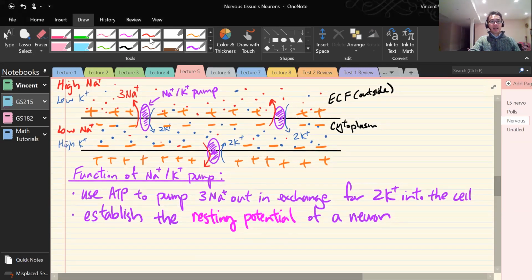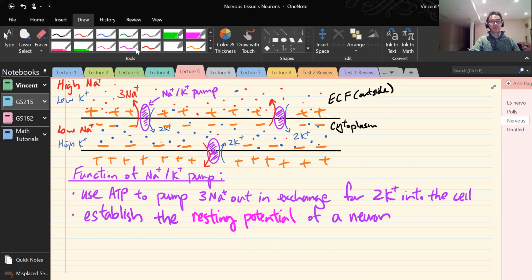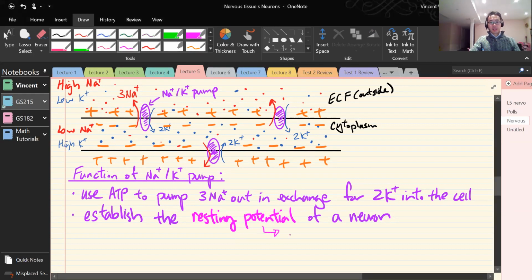A potential is basically a charge difference between 2 points. In this case, we talk about the membrane. The inside and outside are not the same amount of charge.